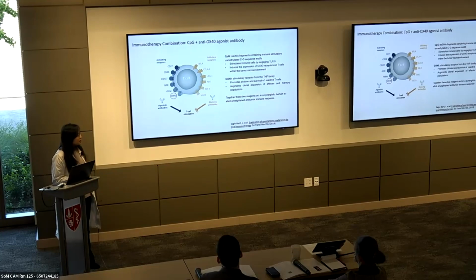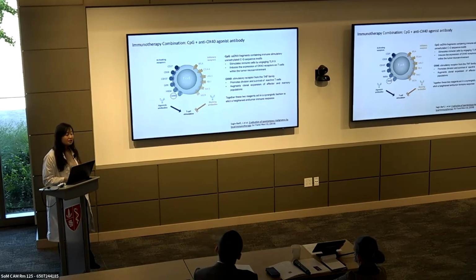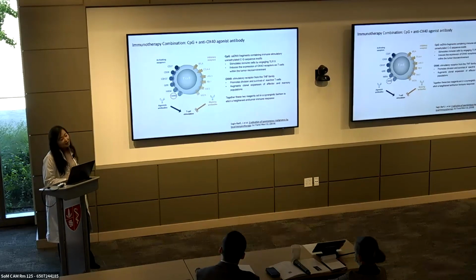It stimulates immune cells by engaging TLR9, and OX40 is a stimulatory receptor from the TNF family. The two have been shown to act synergistically to promote an anti-tumor immune response, and we published on this particular combination in 2018.